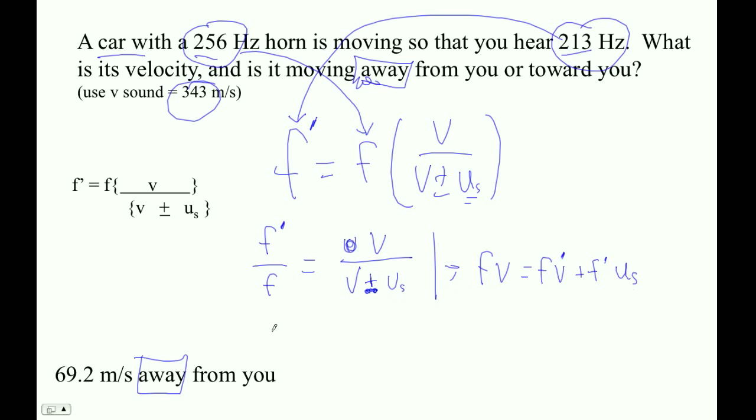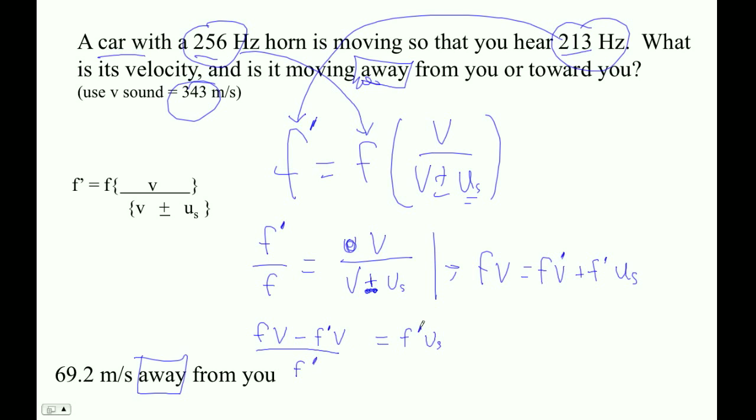So I think the next thing to do is subtract that: F V minus F prime V equals F prime U S. Okay, so I think the next thing to do is divide by F prime. It's kind of beautiful, really.